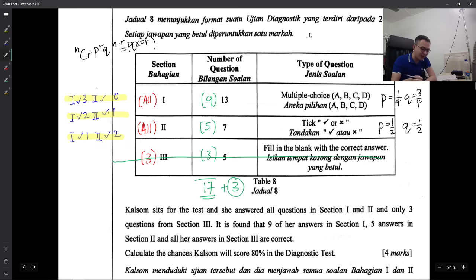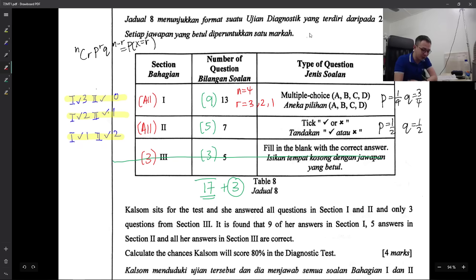Then the next thing is I need to know about N and R. For part 1, she already corrected 9 questions, so N should be 4. There are still 4 more questions for her to choose. The R depends on the scenario. For part 1, if she needs to correct 3, then R will be 3. So R will be either 3, 2, or 1, depending on the scenario.